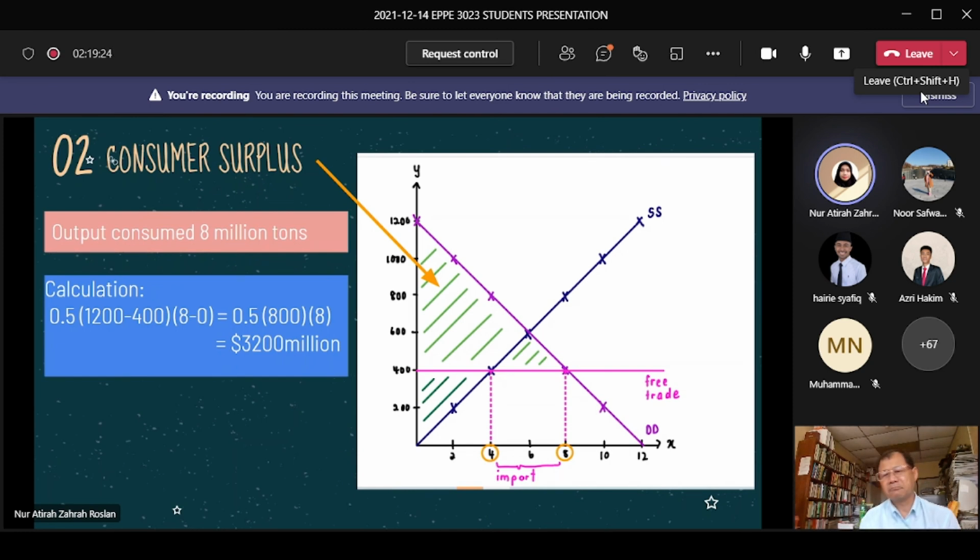This means Gila Keluli's consumer surplus is, as you can see from the calculation there, a total of $3,200 million. So that's all for me. I'll pass to the next presenter.